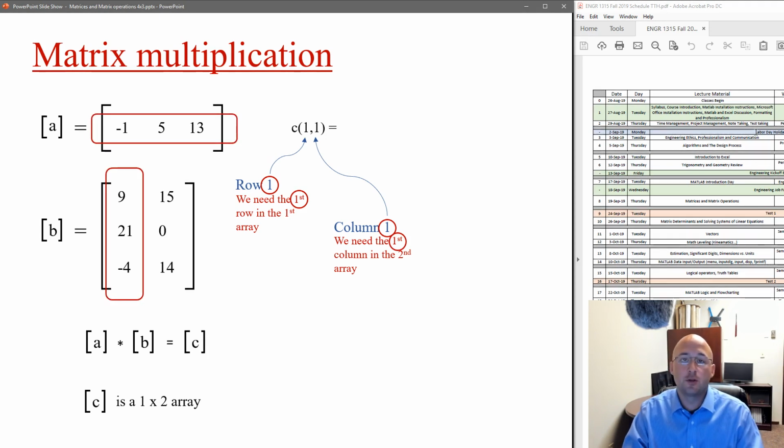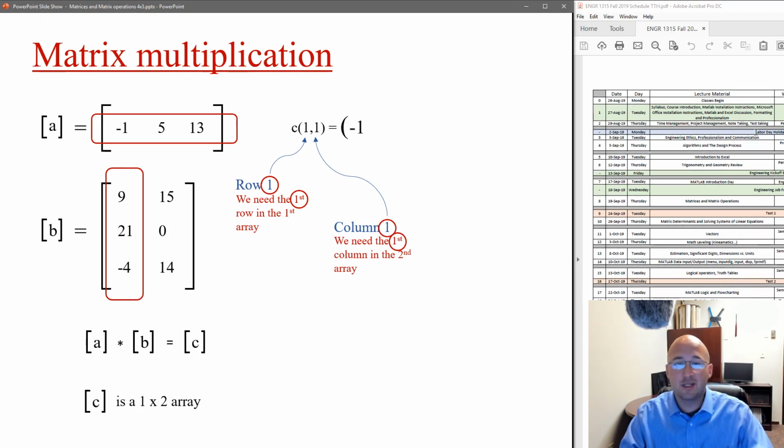I'm going to circle those two, my row of interest and my column of interest, and focus on the values in them. This is called the summation of the piecewise multiplications. We focus on the first element in the row of interest and the first element in the column of interest.